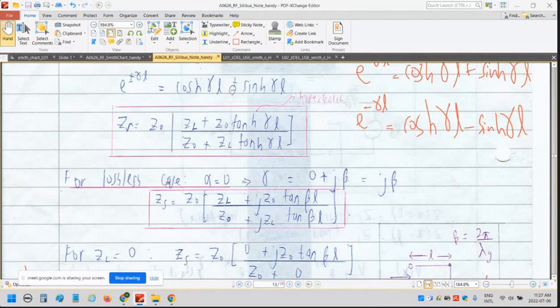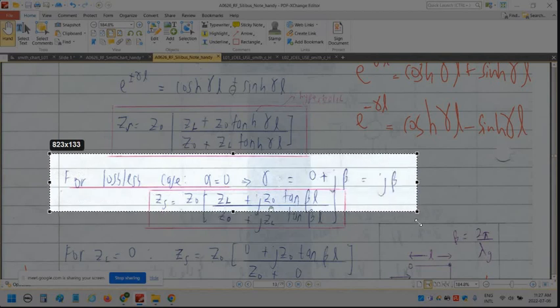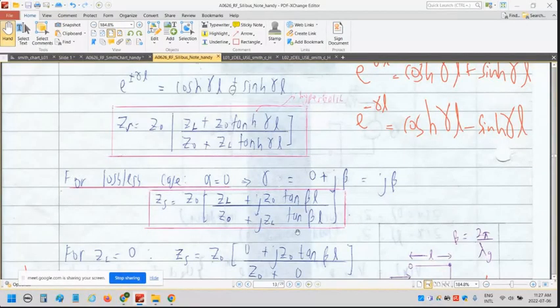You put this inside the formula and you get Zs equal to Z0 times (ZL plus jZ0 tangent beta L) over (Z0 plus jZL tangent beta L). Write down this formula.